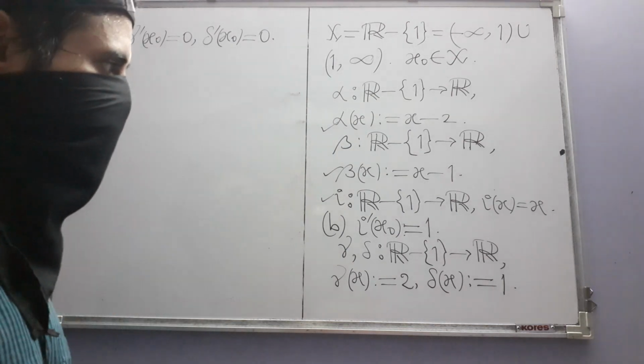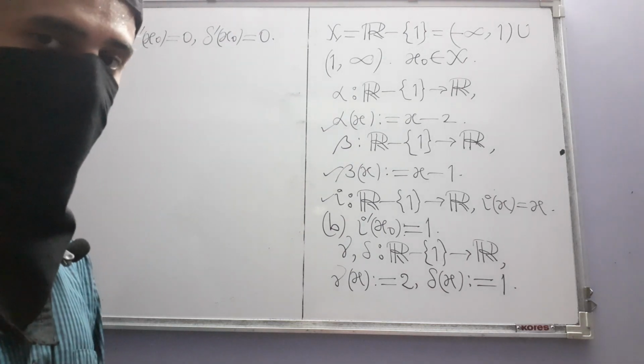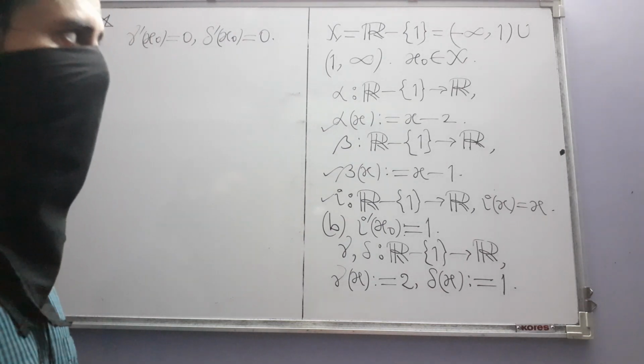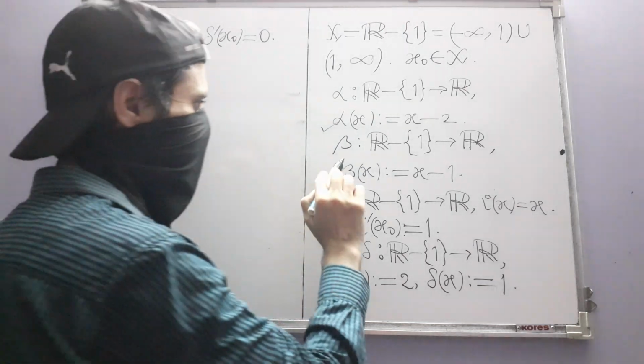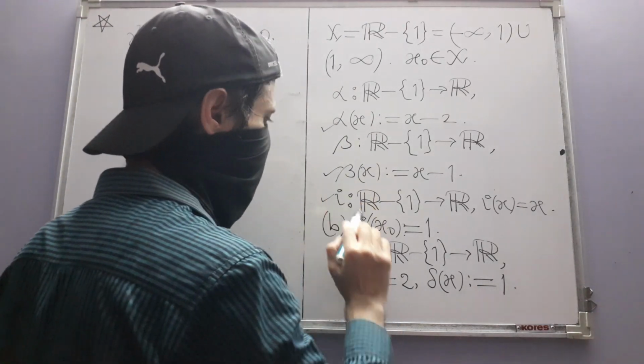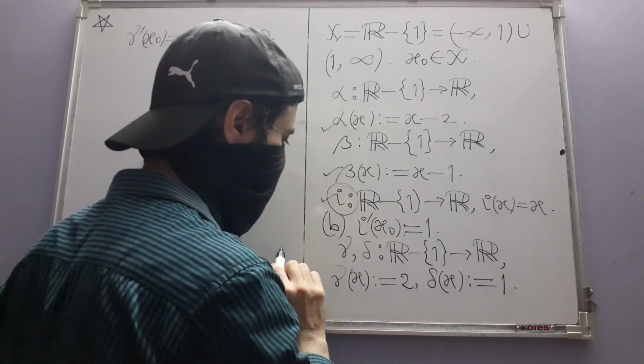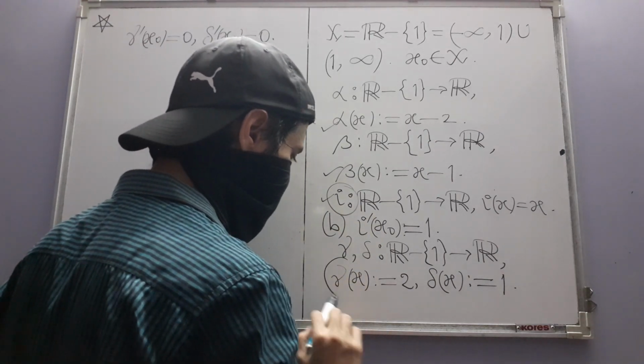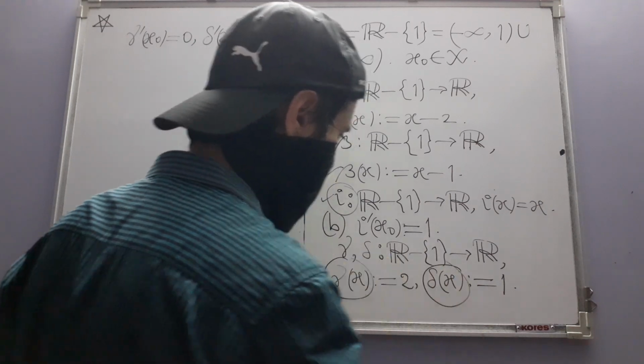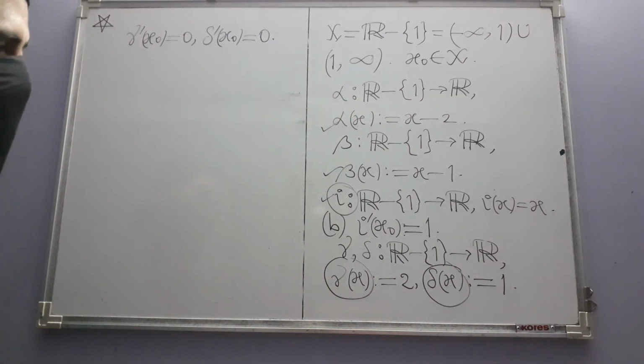Now, what does that ultimately imply? There is one more thing, however. You see, differentiability of I, differentiability of gamma and differentiability of delta tells us what?